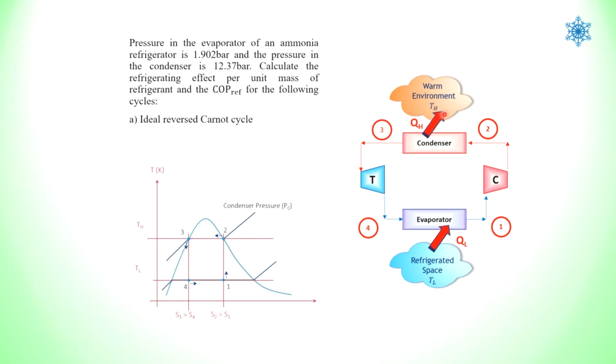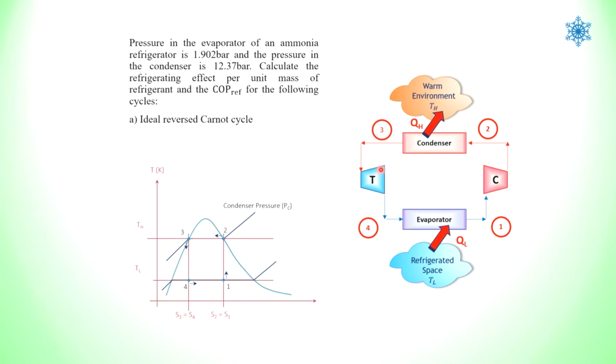That means heat is being rejected to the surroundings, continuously within the condenser. Then it comes out from the condenser at state point 3, which is the saturated liquid, sitting on the saturated liquid line.